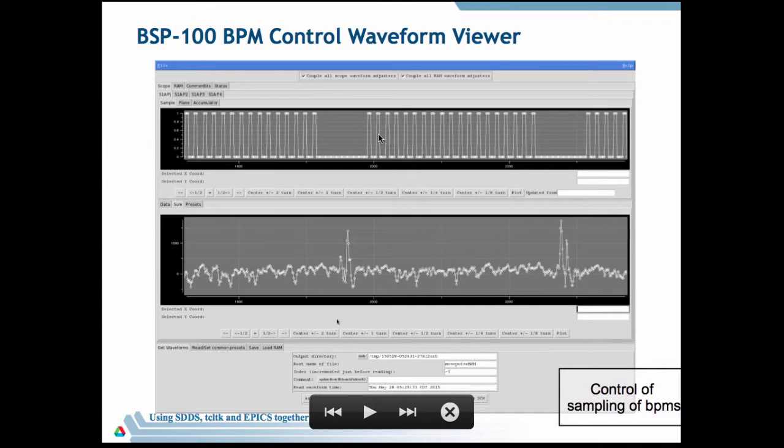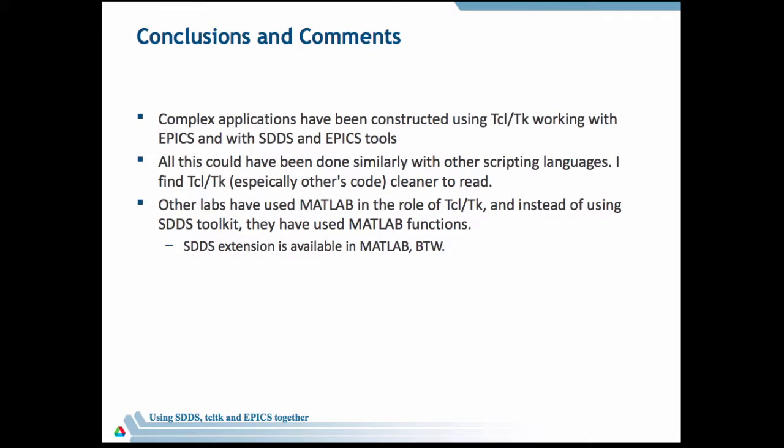We can actually change values in this interface and make an SDDS file, which would then be sent over to the IOC. We can use the SDDS file to send a waveform to the IOC. And here's some data that would help guide the diagnostic group person on where to put this gap, for example. Okay, so that is it.